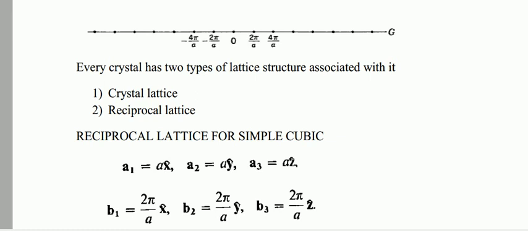A close analogy, not exact but a close analogy, is you have a crystal in real world. Instead of solving problems of diffraction using the real world crystal, you map the structure of the crystal from real world to a reciprocal world. In real world, you use the vectors a1, a2 and a3 to span the crystal.